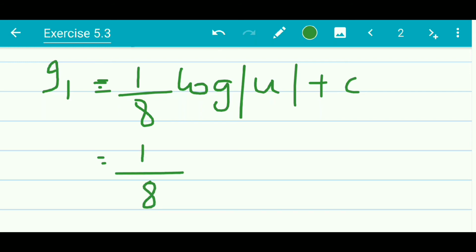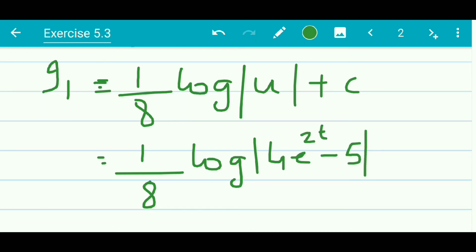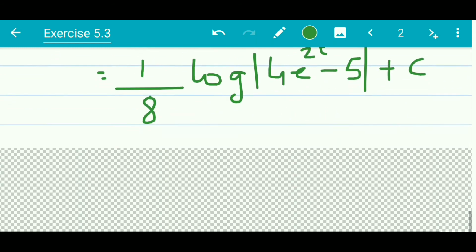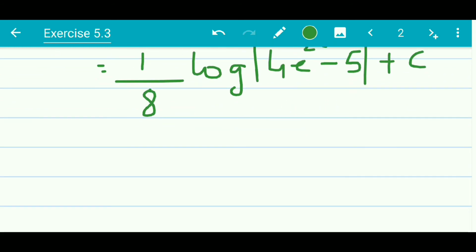U was actually 4 e raised to twice of t minus 5, so we get 1 upon 8 log of 4 e raised to twice of t minus 5 plus c. This is the answer for the second integral. The answer for the first integral we already got, minus t over there. You can go back in the video and see.